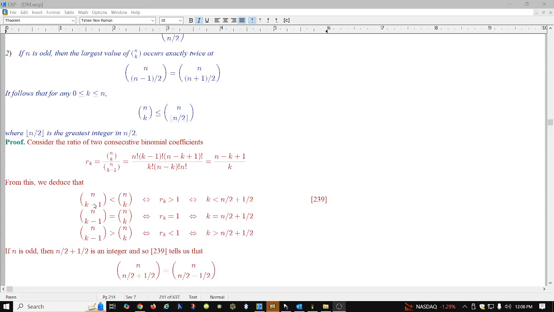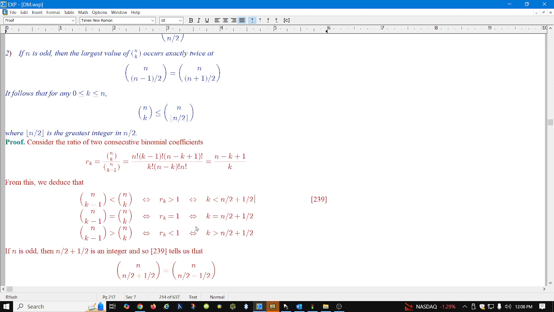Therefore, n choose k minus 1 is less than n choose k if and only if the ratio is greater than 1. And since this is the ratio, we can solve for k. So this is if and only if k is strictly less than n over 2 plus 1/2.